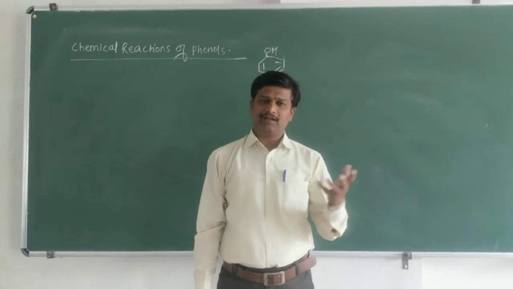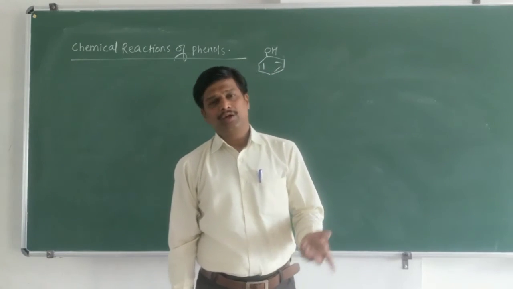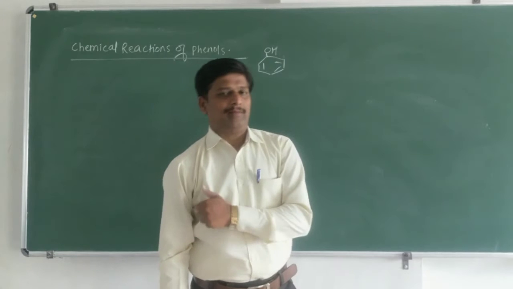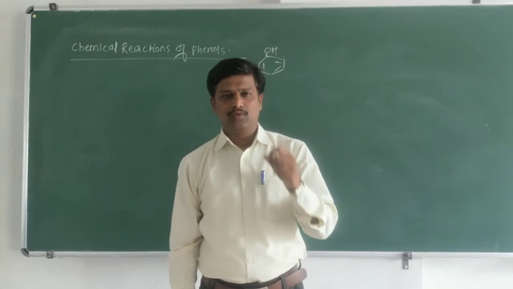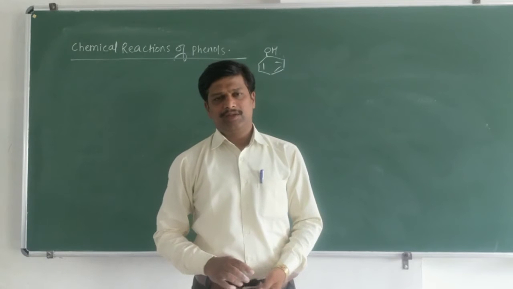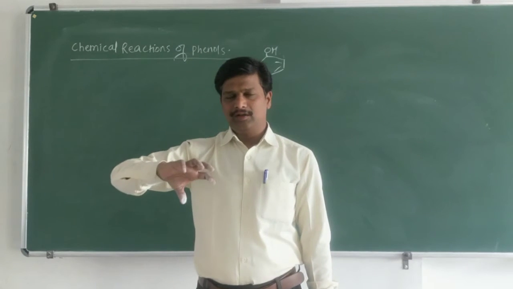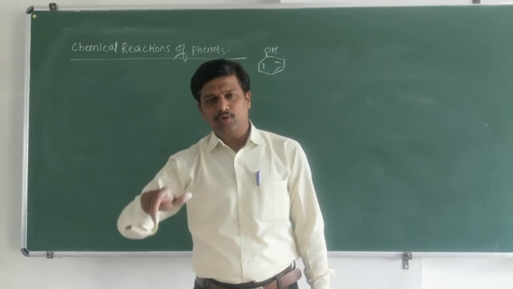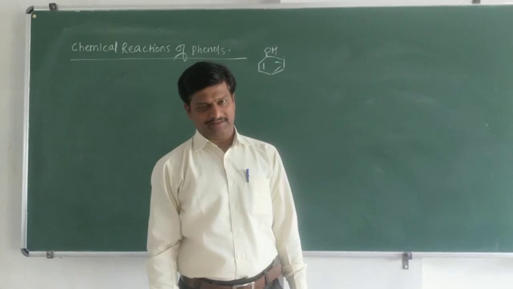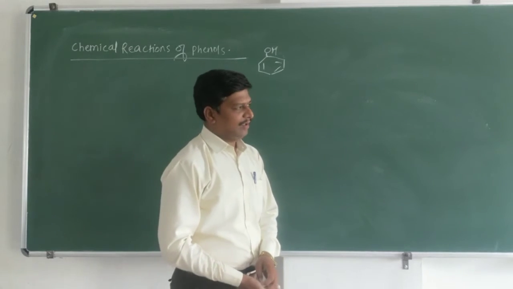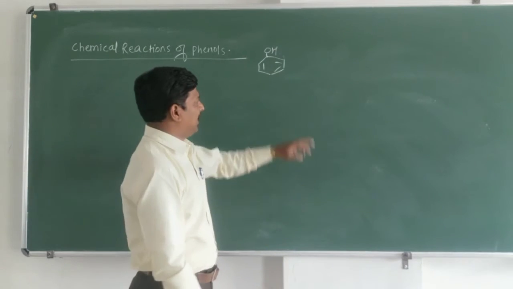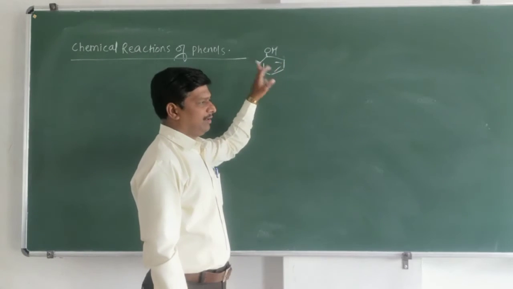And why are these electron rich positions? Due to the resonance phenomenon. In phenol, continuous delocalization of electrons takes place, and therefore substitution may take place at the ortho and the para positions.